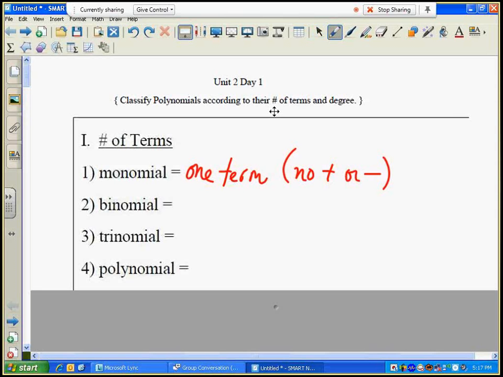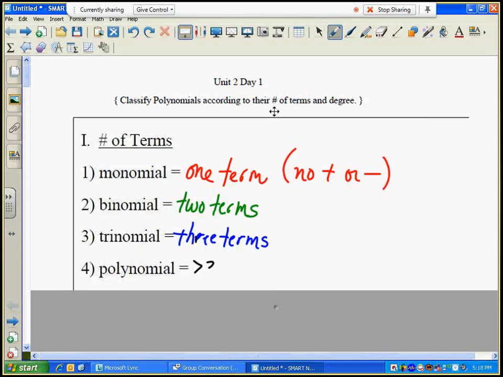For a binomial, think like bicycle, you're going to talk about 2 terms here. Okay. For a trinomial, we'll think tricycle, you're going to have 3 terms. After 3 terms, we just say that we have a polynomial, something that has many terms.